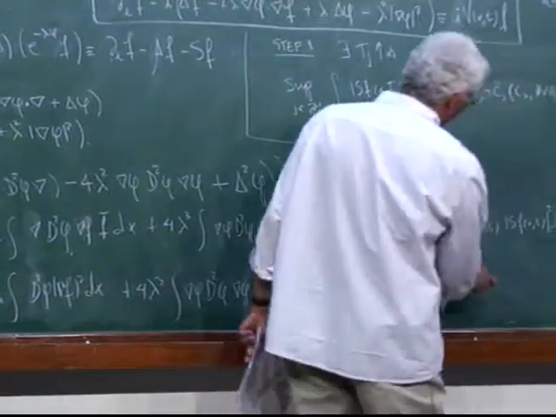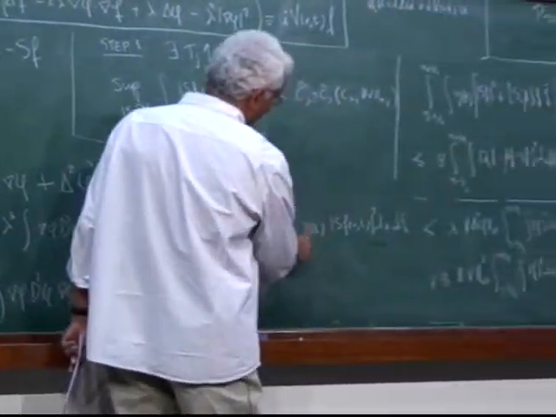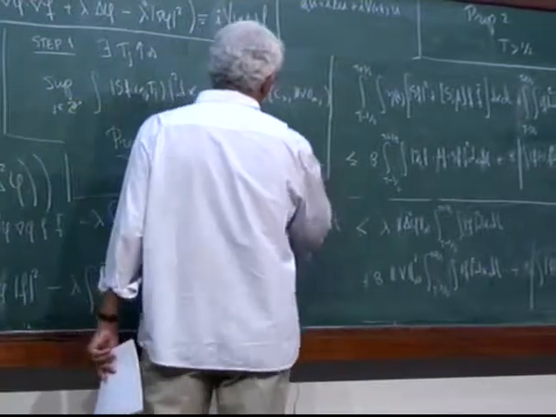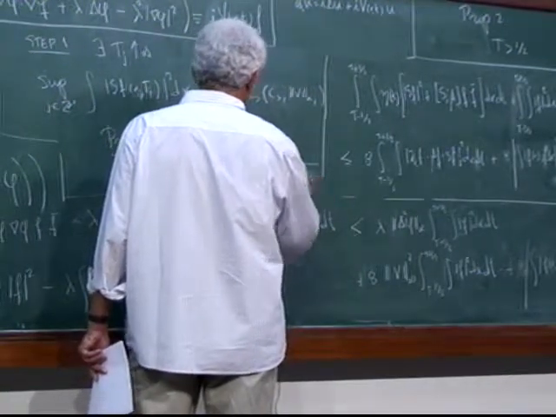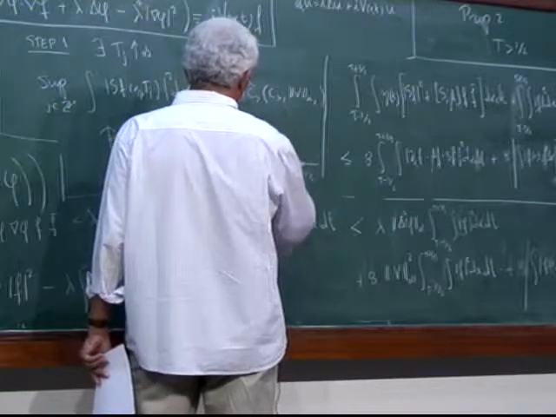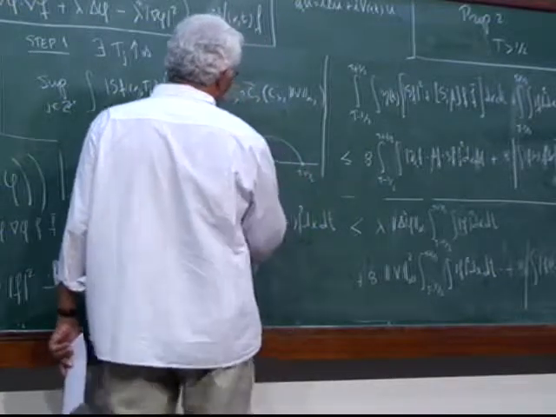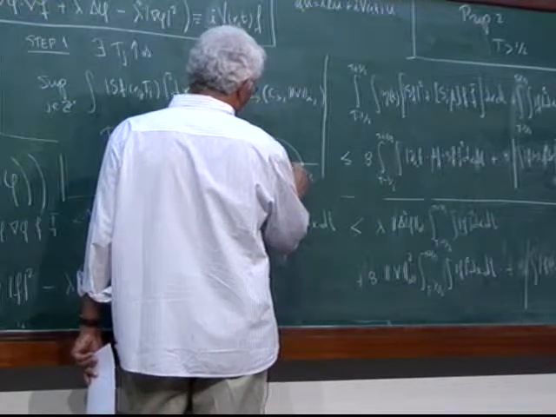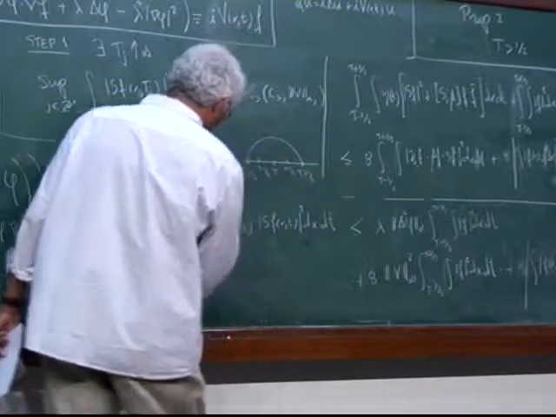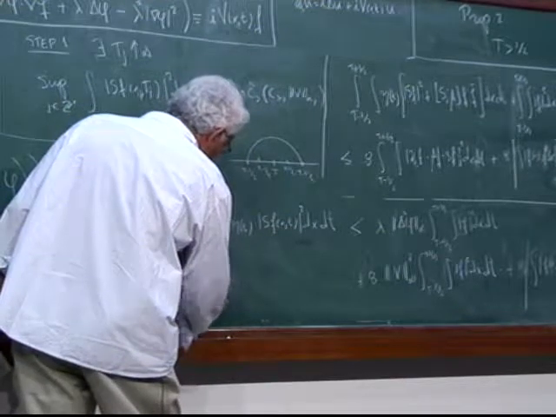Let's go here. What do we know about this function, eta? Eta was like this. Then if you move between t minus 1/4 and t plus 1/4, you have that this quantity is more than this.